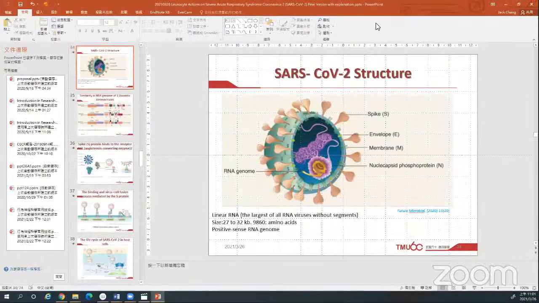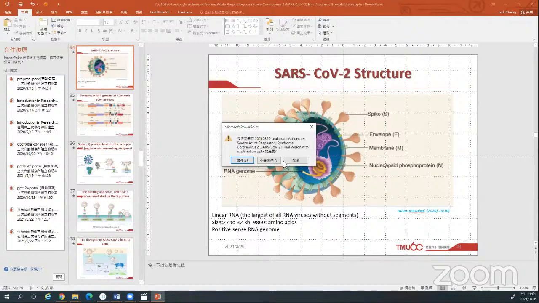Which slide? Which which slide? Which slide?